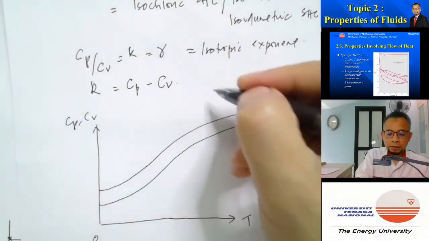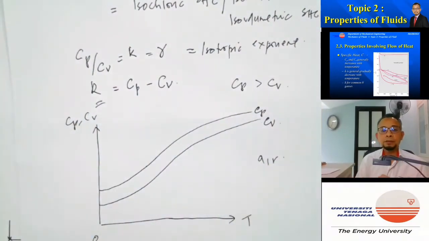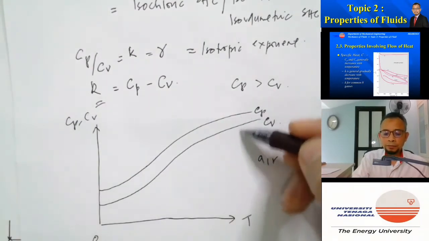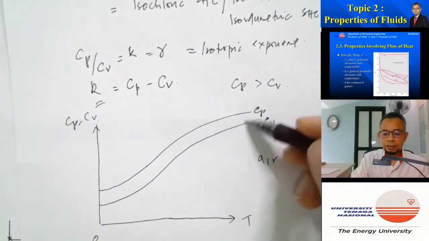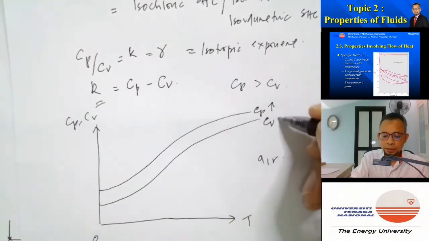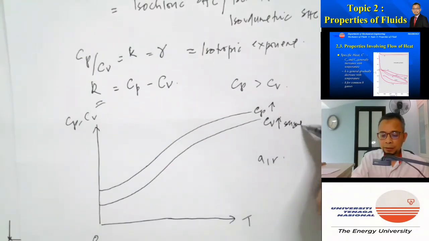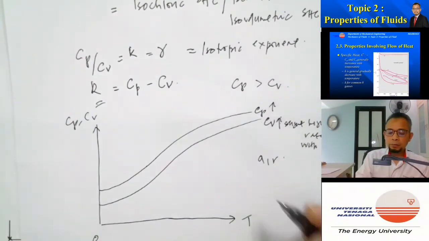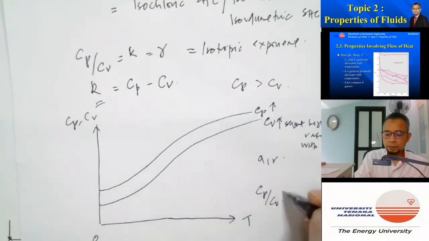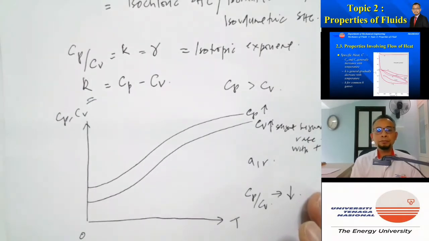Since R is positive, Cp is always bigger than Cv. But the difference between Cp and Cv gets smaller as temperature increases. Both increase with temperature, but Cv increases at a slightly higher rate with T. Because of that, Cp over Cv goes down with temperature.